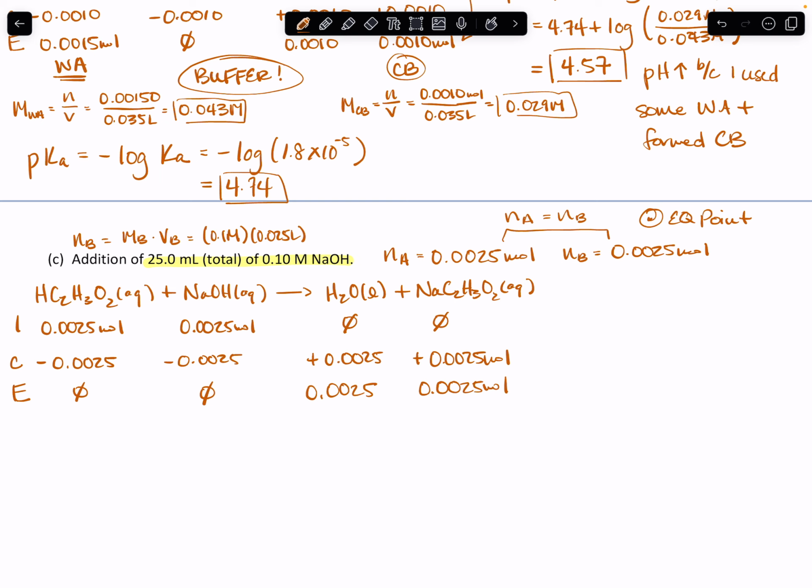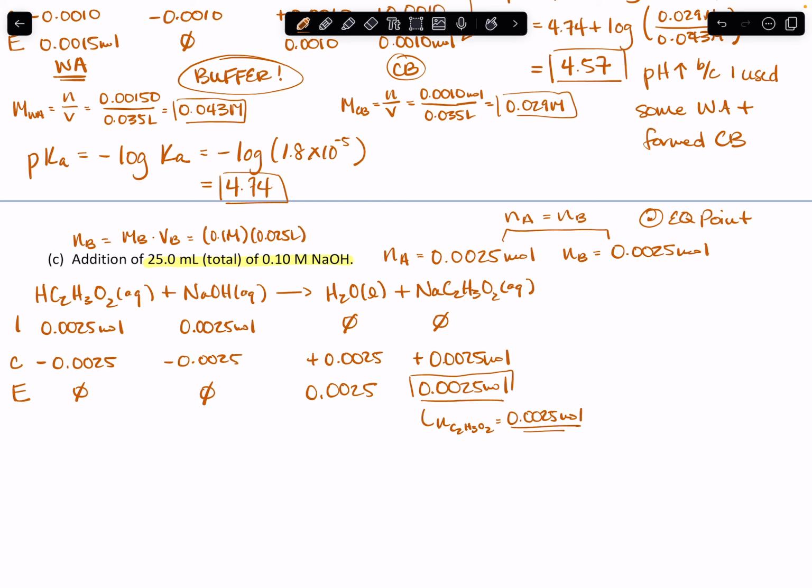So it's not going to affect pH. It's not going to start picking up hydroxide groups. But that acetate, that is the conjugate base of a weak acid. So this value is moles of acetate, and that will influence the pH.